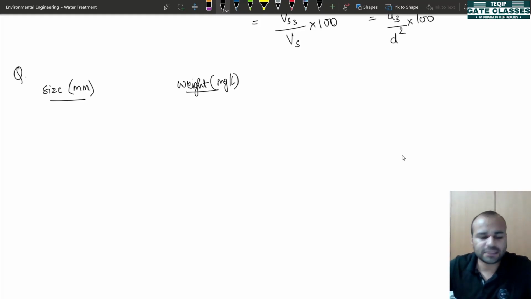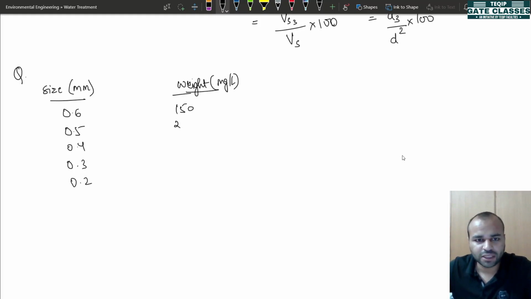Sizes are given, a chart is given in which different sizes 0.6, 0.5, 0.4, 0.3, 0.2, and respective weights are given as 150, 250, 100, 200 and 300.